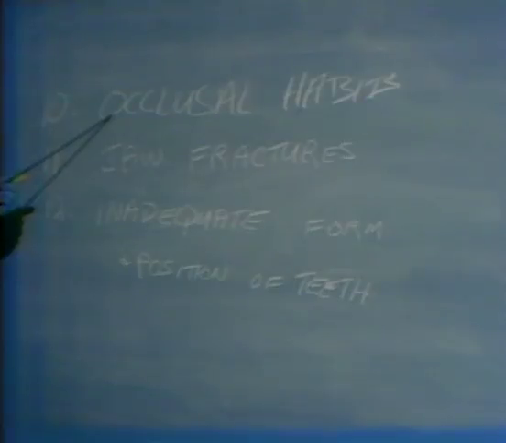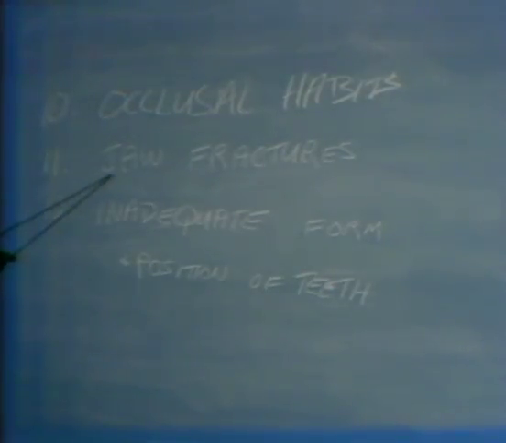Habits such as clenching on a pipe stem, pencil, pen, using bobby pins to open teeth, etc. These type of occlusal habits will tend to push a tooth out of proper and normal alignment, create excessive forces on these teeth. It can help to create the buckling of the arch, settling and drifting of teeth, and creating traumatic type situations which would not exist had this type of habit not been there.